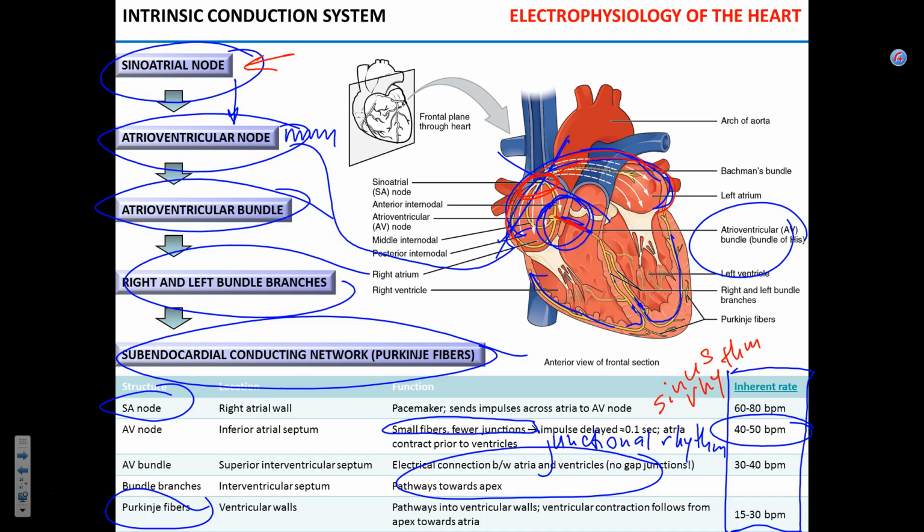Now, 60 to 80. Why do we have such a heart rate? Does our heart have any kind of innervation? Are there any nerves that go to the heart? Come on. Of course. How else would we regulate its activity? There should be at least one nerve.